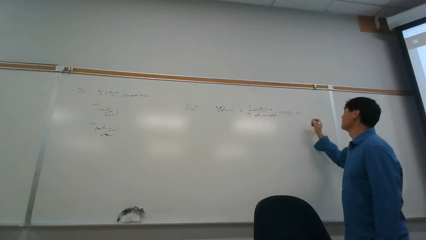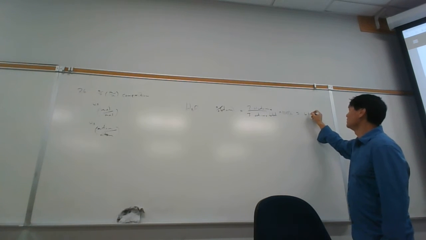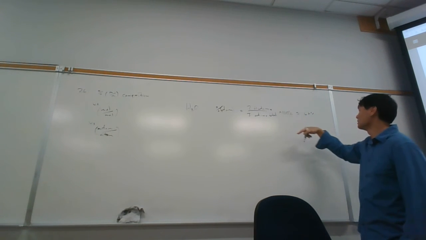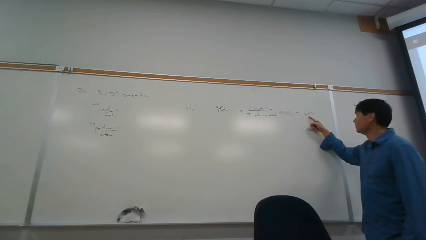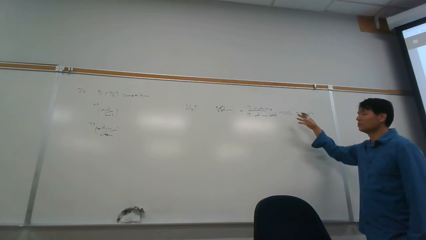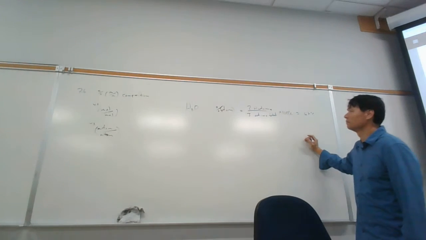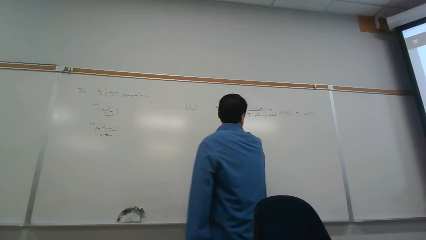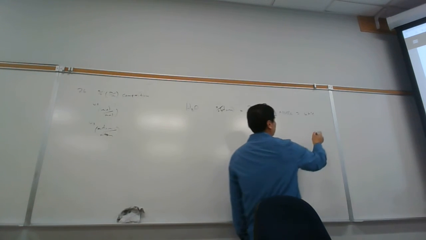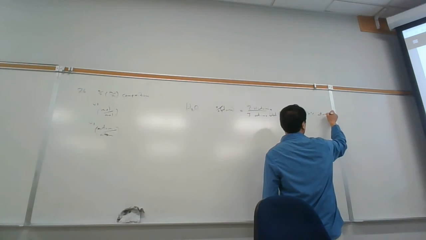We could do this exactly because it's exact, but I'm going to just round it. We're just going to say 2/3, 67% hydrogen. And so this is the percent hydrogen by atom.